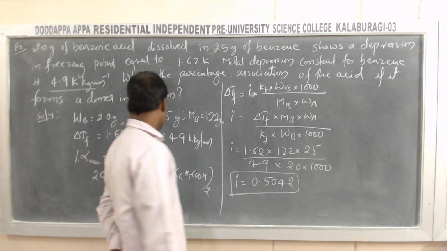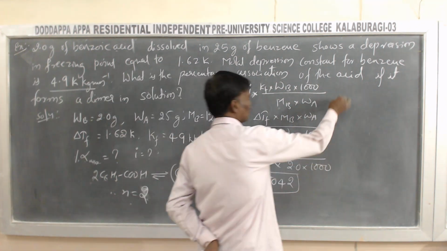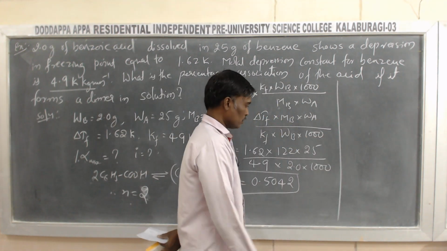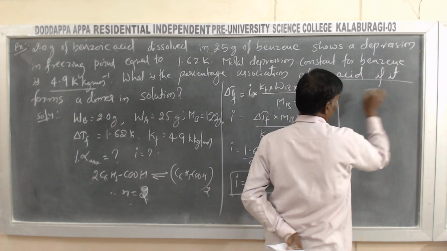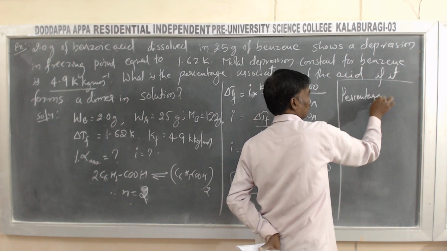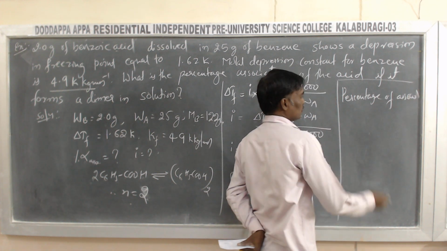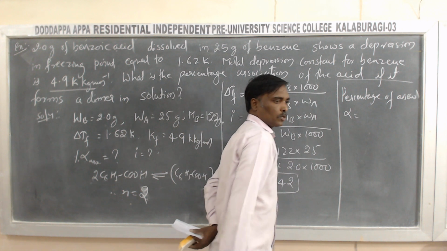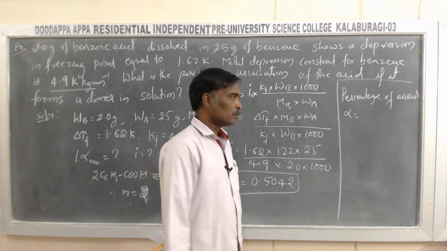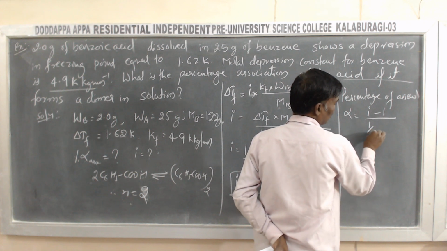And next, you find the percentage of association. So percentage of association, alpha, how do we calculate it? Alpha is equal to i minus 1 divided by 1 by n minus 1.